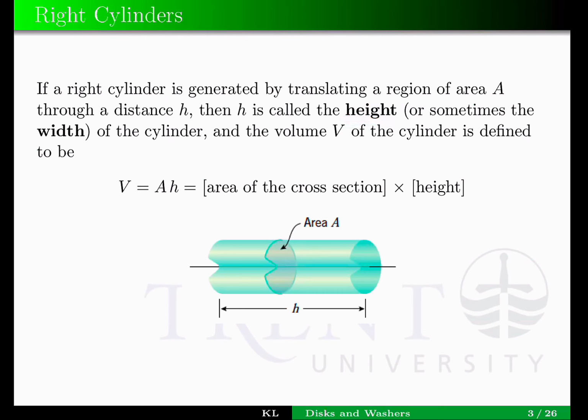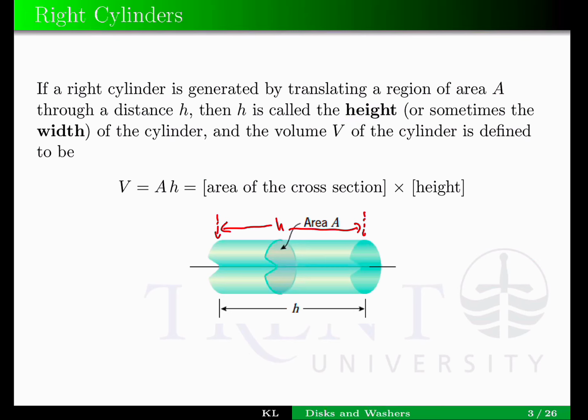So it doesn't matter if the plane region is vertical or horizontal, but the amount of translation, so say the plane region started at this point and ended at this point, then this length here will be called the height of the right cylinder.